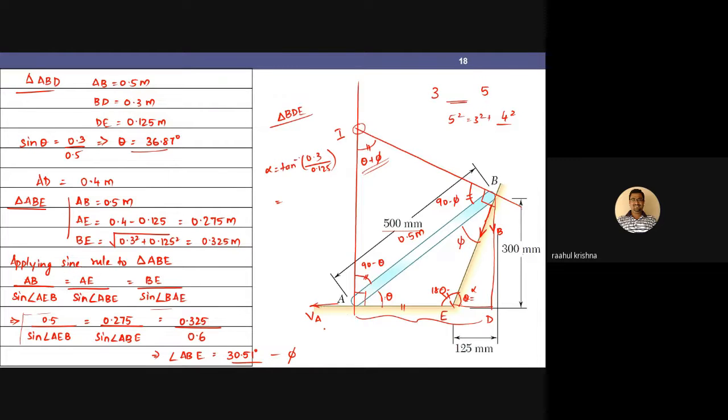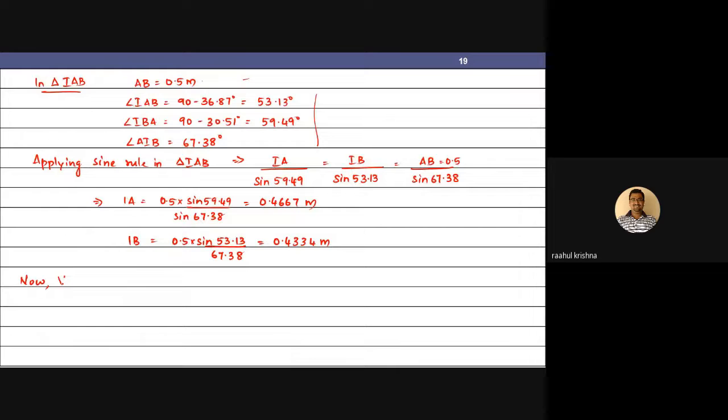I know the value of VA, right? VA equals IA into omega AB, which is 1.4 meters per second. So omega AB equals VA upon IA, right? VA is the velocity, IA is the length of the link.